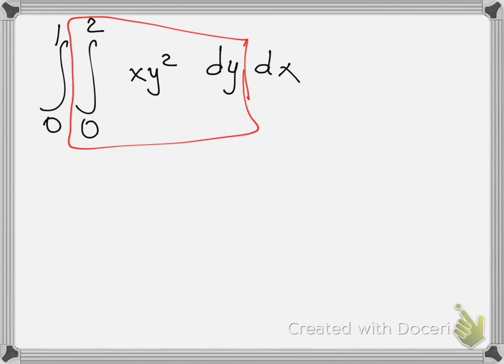So integrate with respect to y, assuming x constant. So what's the integral of x y squared with respect to y, assuming x is a constant? So that will be just the constant times the integral of y squared, which is y cubed over 3.